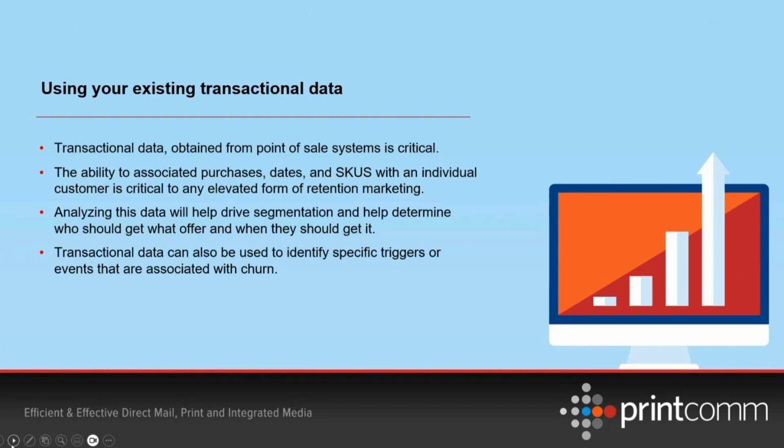Transactional data can also be used to identify specific triggers or events that are associated with churn. I don't know how many of you have ever gotten a gym membership like Planet Fitness, or Netflix is really good at this. When you go into a Planet Fitness, they scan your tag.